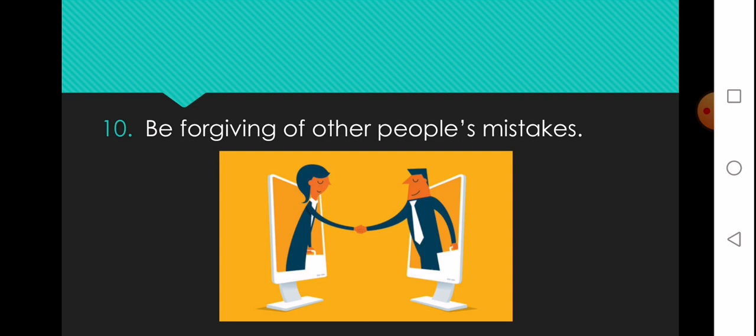And 10, be forgiving of other people's mistakes. Not everyone has the same amount of experience working in the virtual world, and not everyone knows the rules of netiquette. At some point, you will see a stupid question, read an unnecessarily long response, or encounter misspelled words.